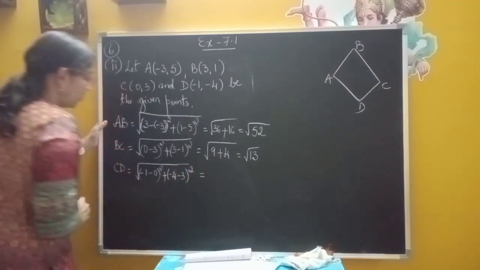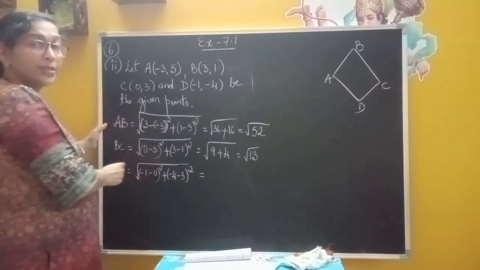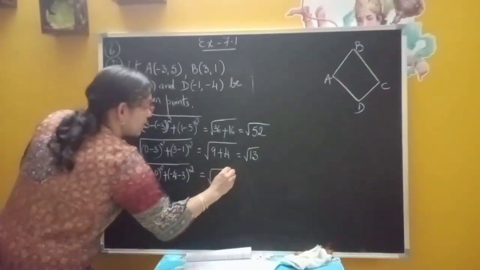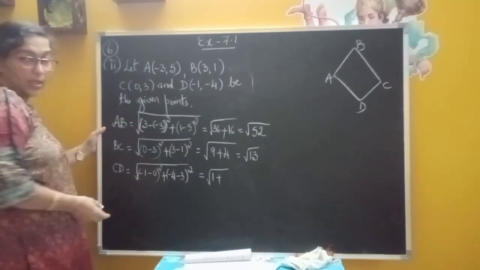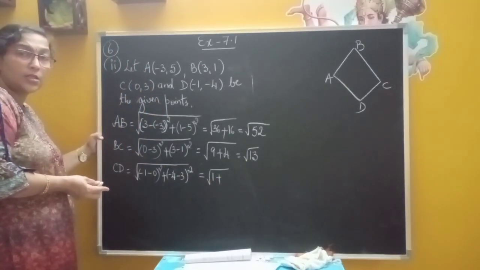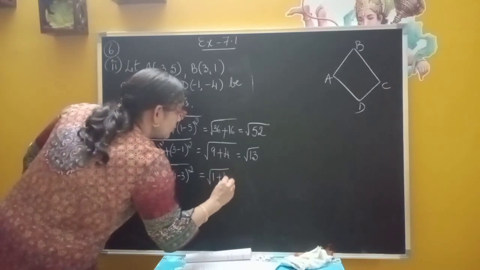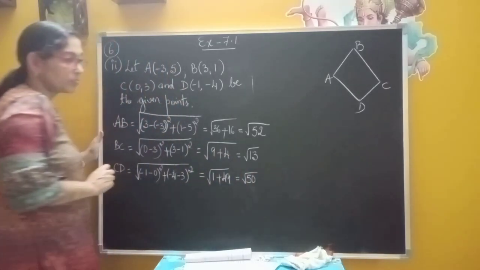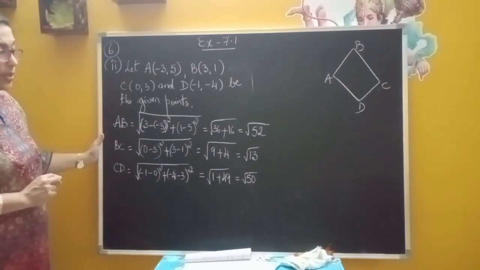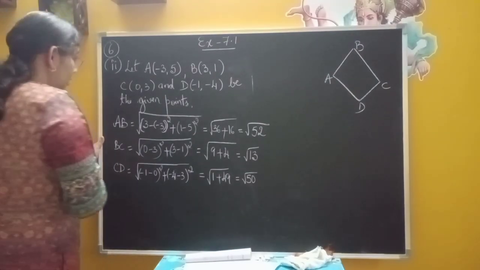Minus 1 whole square is plus 1. Square root of 1 plus, minus 4 minus 3 is minus 7. Minus 7 square is 49. So 1 plus 49, this is root 50. Root 50 units.